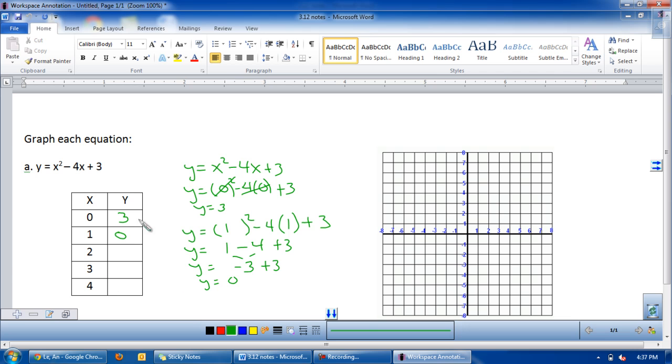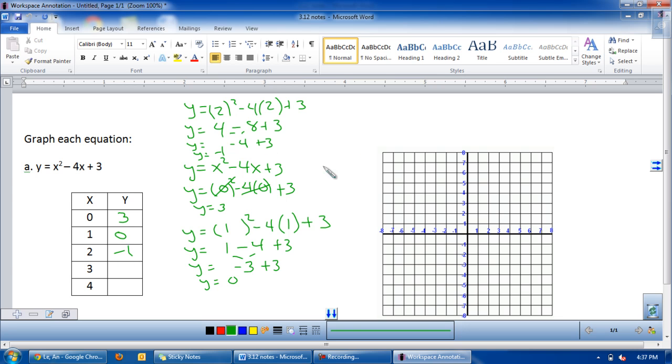Looks like I'm out of room, so I have to write up here y equals, and this time we're going to replace x with 2, so we have 2 squared minus 4 times 2 plus 3. Y equals 2 squared, which is 4, minus 8 plus 3. 4 minus 8, that's negative 4.